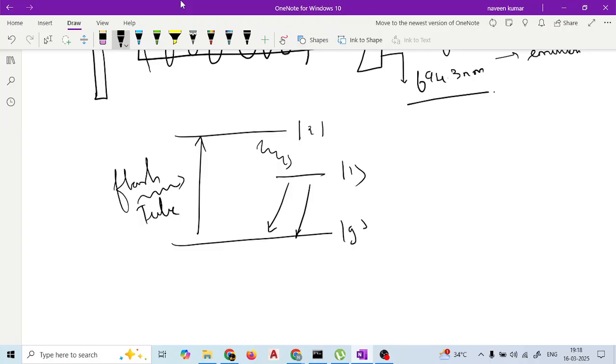This is a ground level system. 694.3 nanometer.